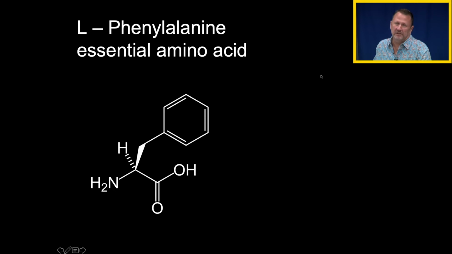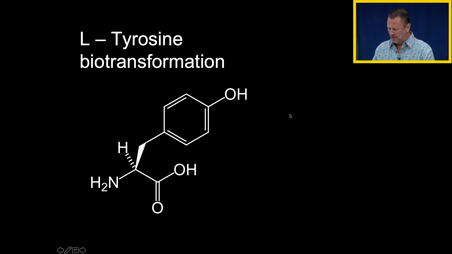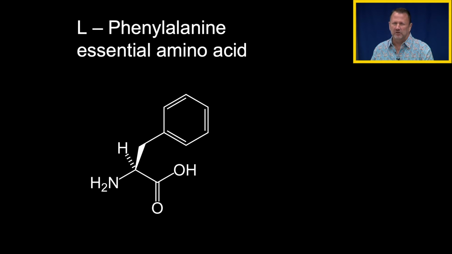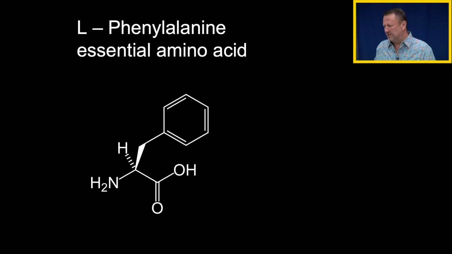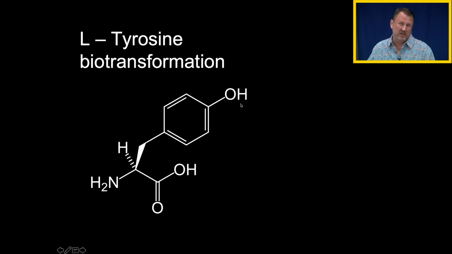It sees these aromatic rings. It thinks the same thing. We better do something about this right here. And so you'll notice that phenylalanine is transformed into tyrosine, and we'll have a special name for that enzyme, but I can assure you that enzyme is part of this cytochrome system that sees these little aromatic rings and thinks, oh, we better make that more water soluble. And by sticking a hydroxide group on it, that oxygen group on it, we've oxidized that ring.